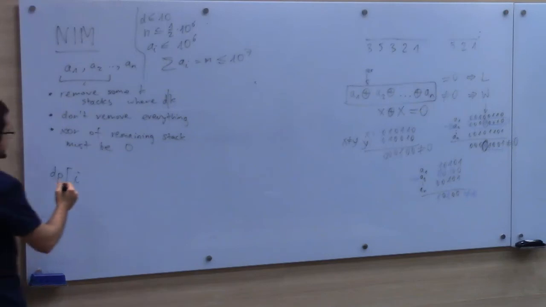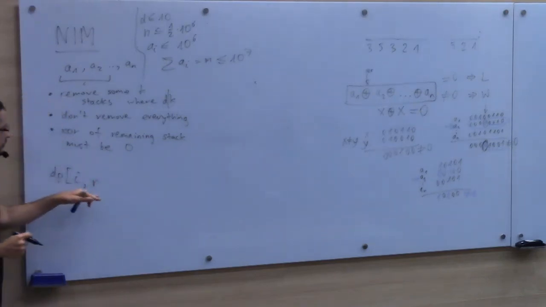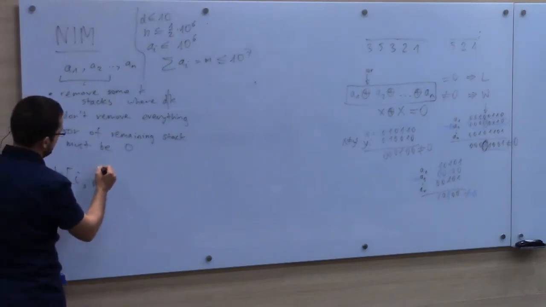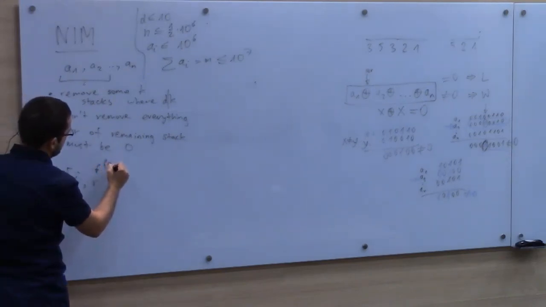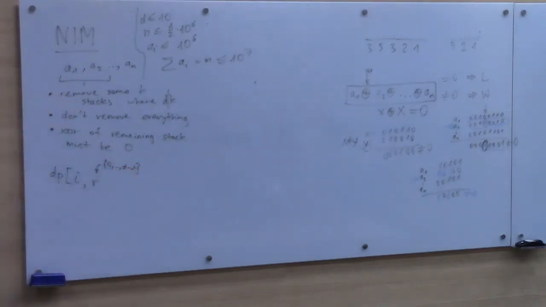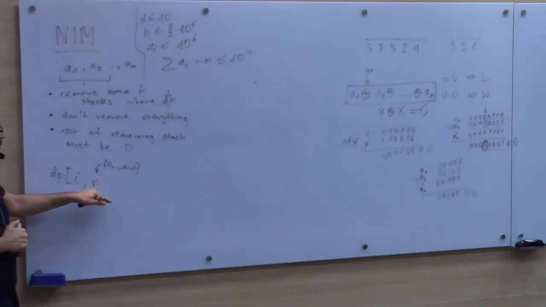Let's say that this will be r, from 0 to d minus 1. Okay, so this is one thing we have to control.